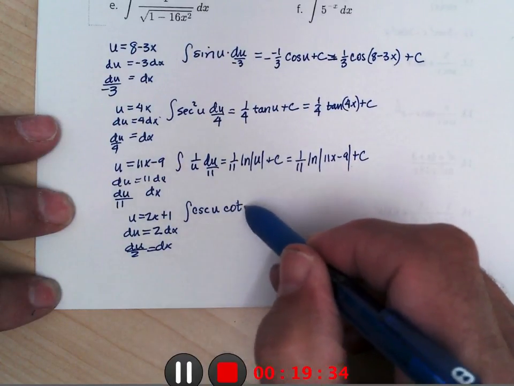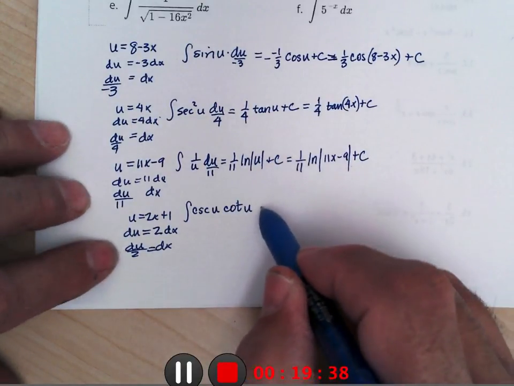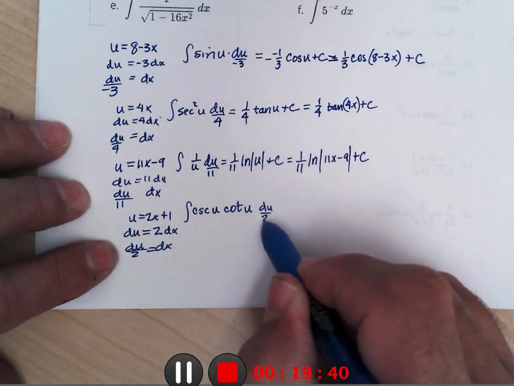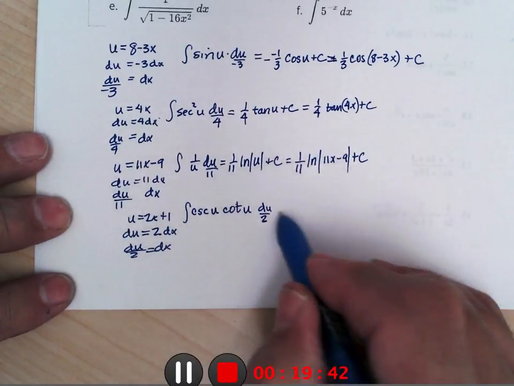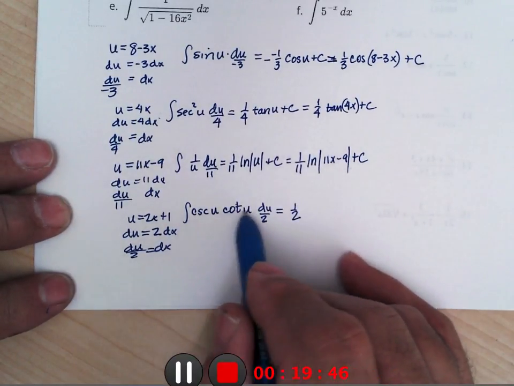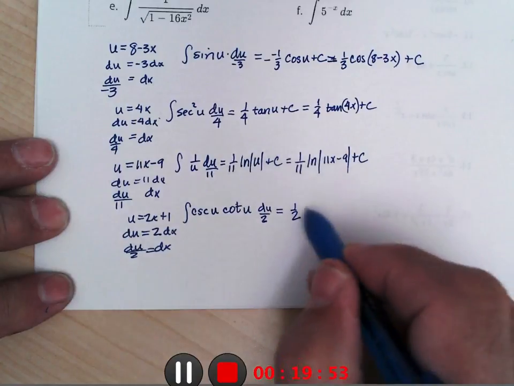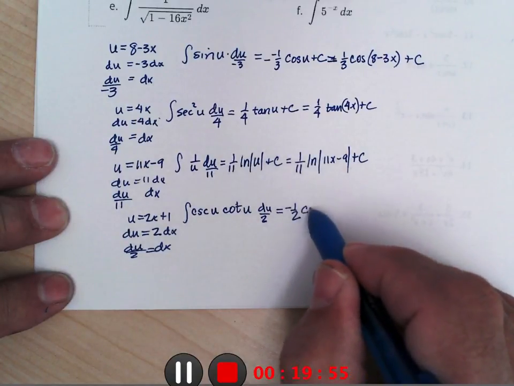Now that might look a little bit more familiar to you. du over 2. The half comes out. Cosecant of u cotangent u, well, if that was a negative, it'd be the derivative of cosecant. So it's negative cosecant u.